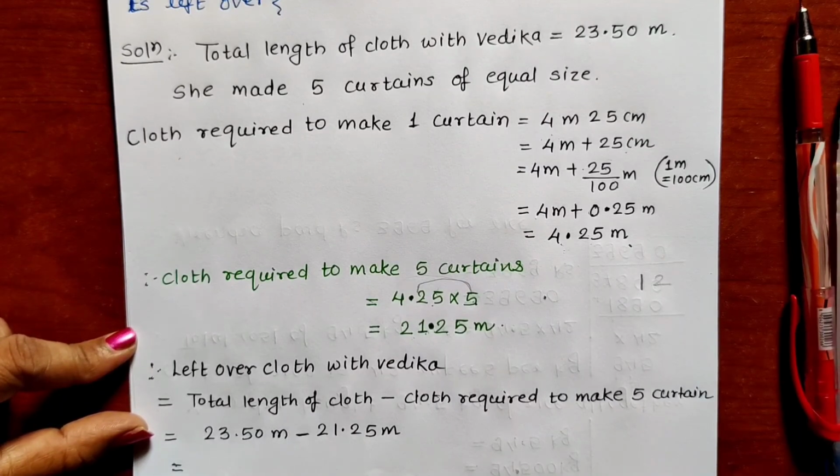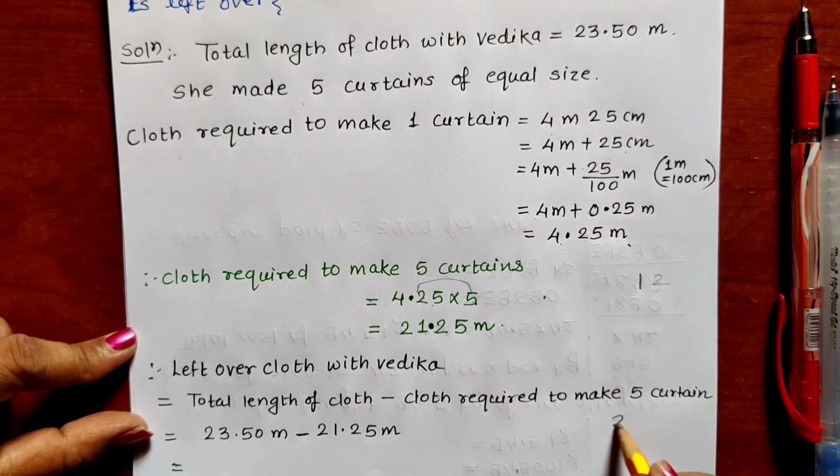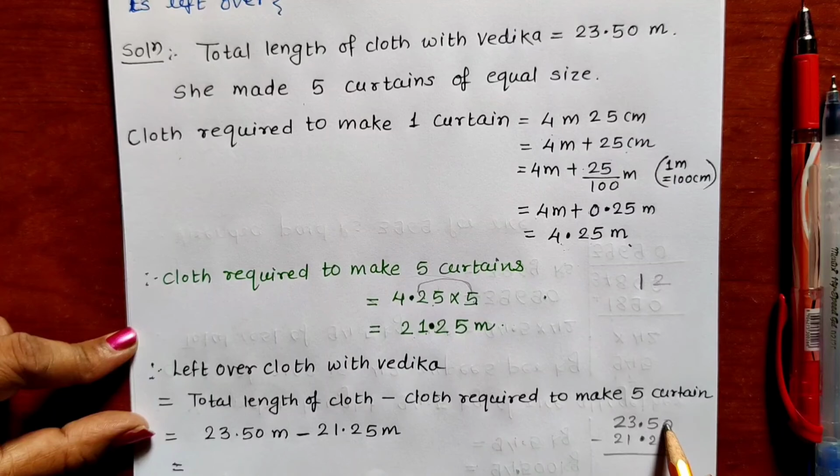If you want, you can do this subtraction in rough. 23.50 minus 21.25. You all know point should come below point and you have to subtract. 5 cannot be subtracted from 0, so we write 10. 10 minus 5 is 5. 1 borrowed, so we write 4 here. 4 minus 2 is 2.